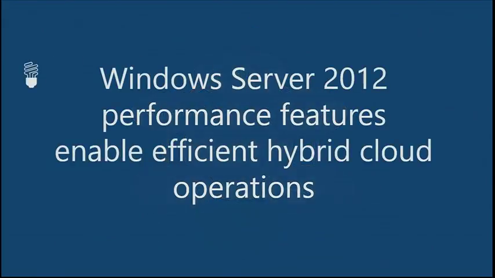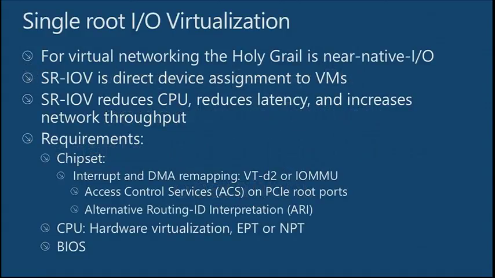Scale. So how do we scale better with virtual networking? How many of you went to Ben's 400 level session? It was pretty awesome. I learned so much in that session. Ben talked about single root I/O virtualization, so I won't talk a lot about it. It's about physical network adapters that support the SR-IOV standard exposing virtual interfaces into your VMs, so the VMs talk directly to the network card as opposed to going through the Hyper-V switch.